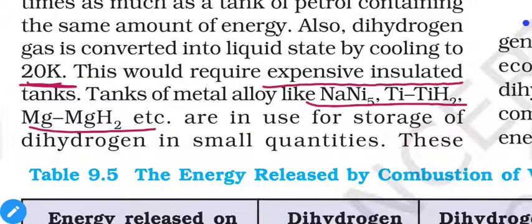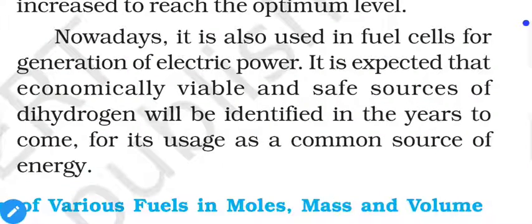That means 2 gram of hydrogen occupies 22.4 liters of volume. Nowadays, it is also used in fuel cells for the generation of electric power. It is expected that economically viable and safe source of dihydrogen will be identified in years to come for its use as common source of energy, but right now we are comparatively very far from that target.